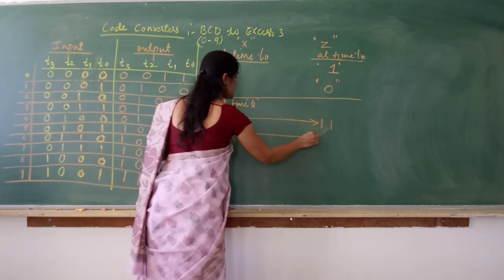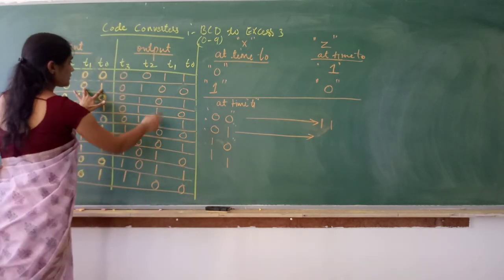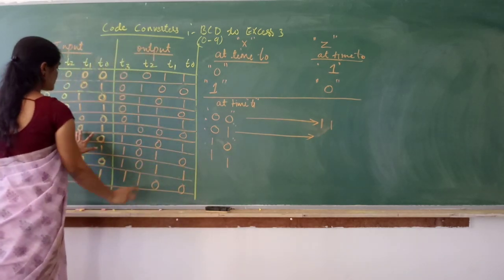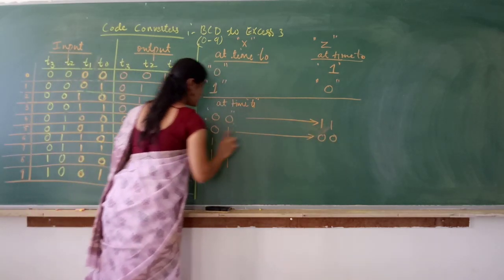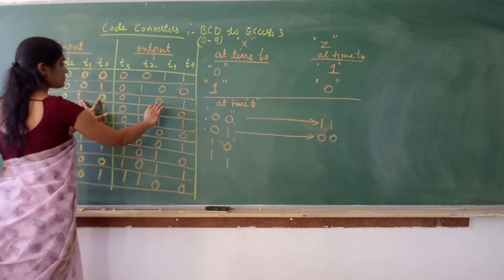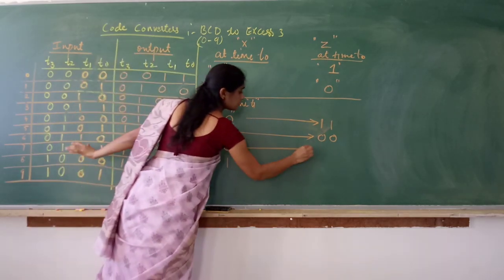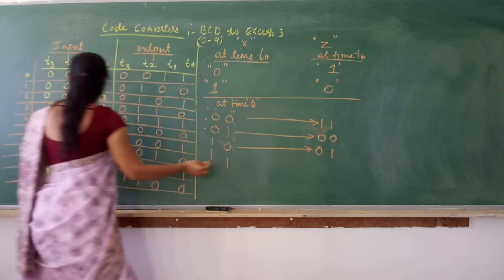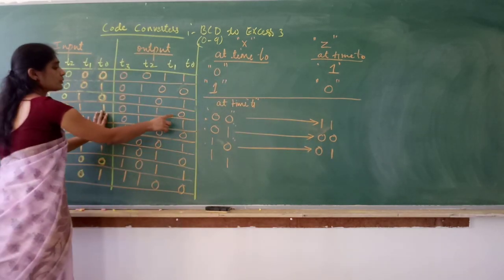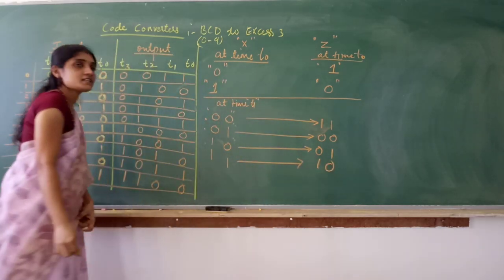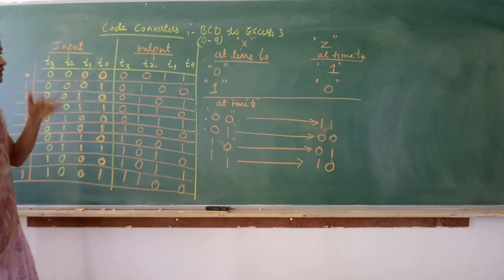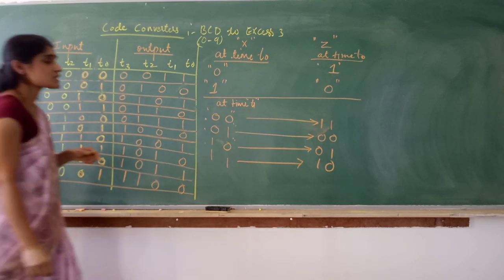If the input is 0,1, the output is 0,0. If the input is 1,0, the output will be 0,1. If the input is 1,1, the output will be 1,0. Like this, you have to make an analysis at all the time intervals. So this is at time t1.